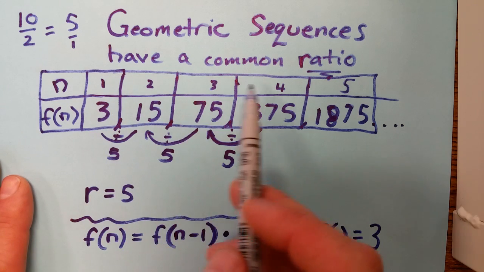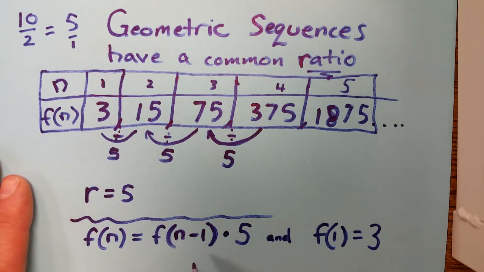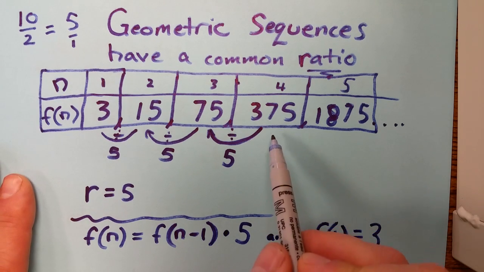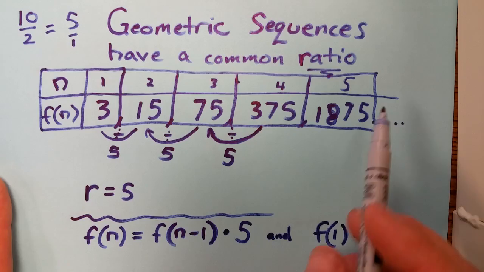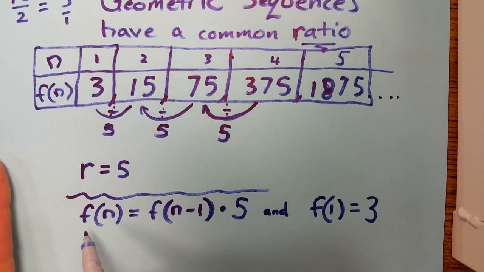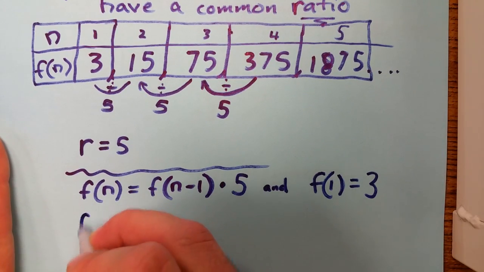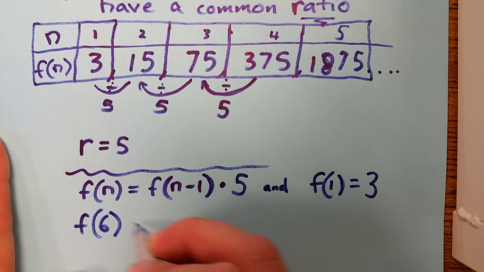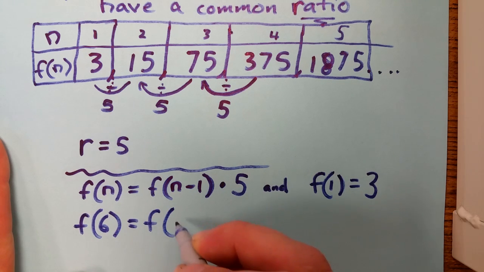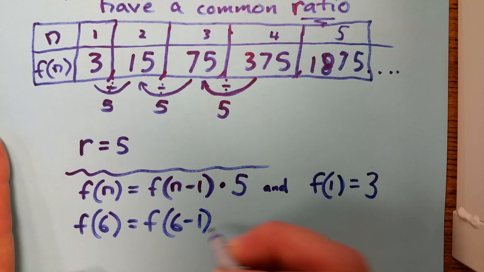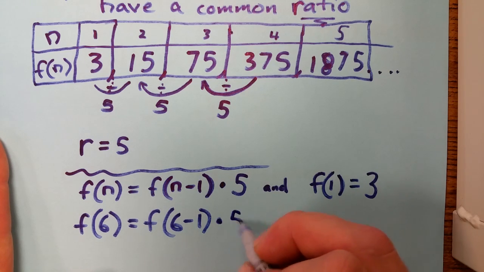I could put any of these n's into my recursive system. In fact, I will now try to generate the 6th term using my recursive function. Scrolling up, if I want to find the value of the 6th one, I need to know the value of the 6th minus 1, times 5.